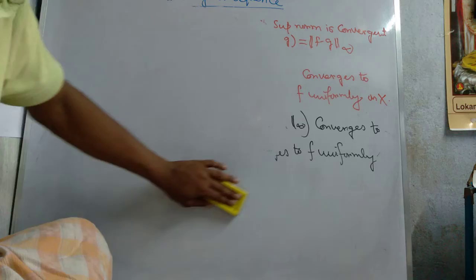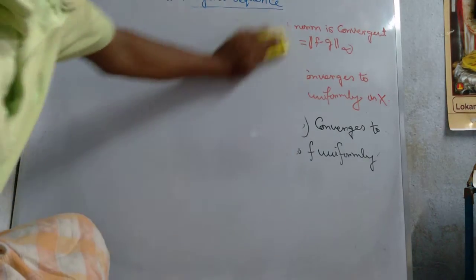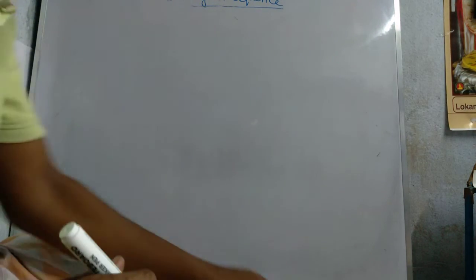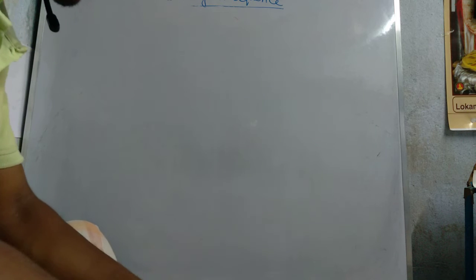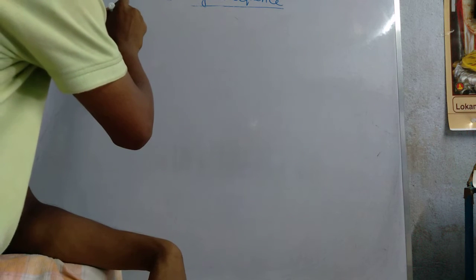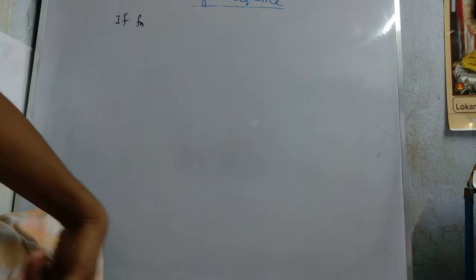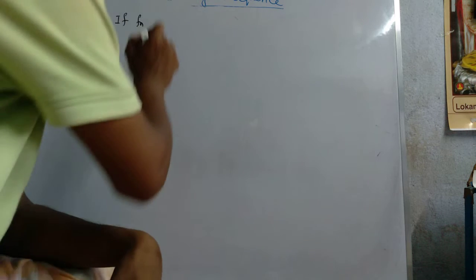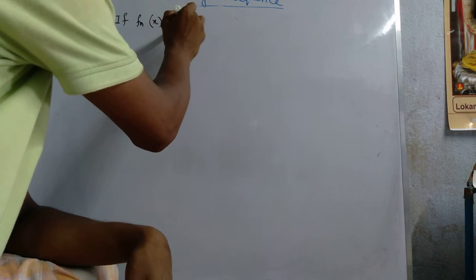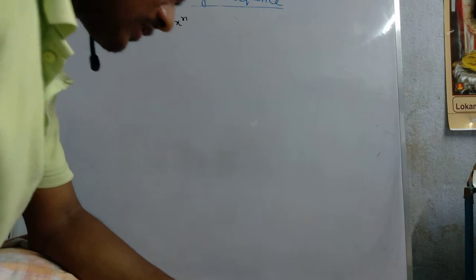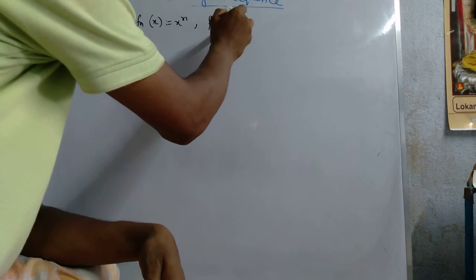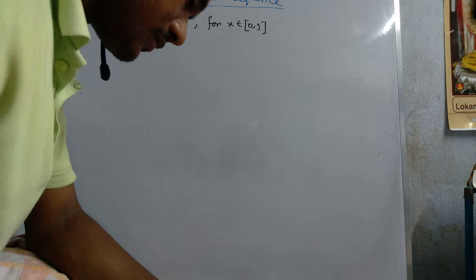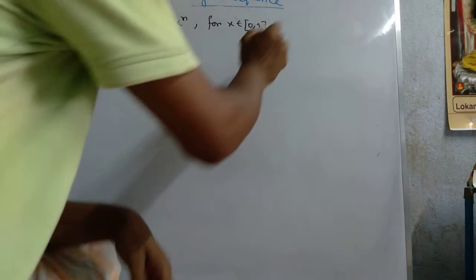That means this does not hold everywhere. Let fn(x) equal x to the power n for x belonging to [0,1] and for n belonging to the natural numbers.